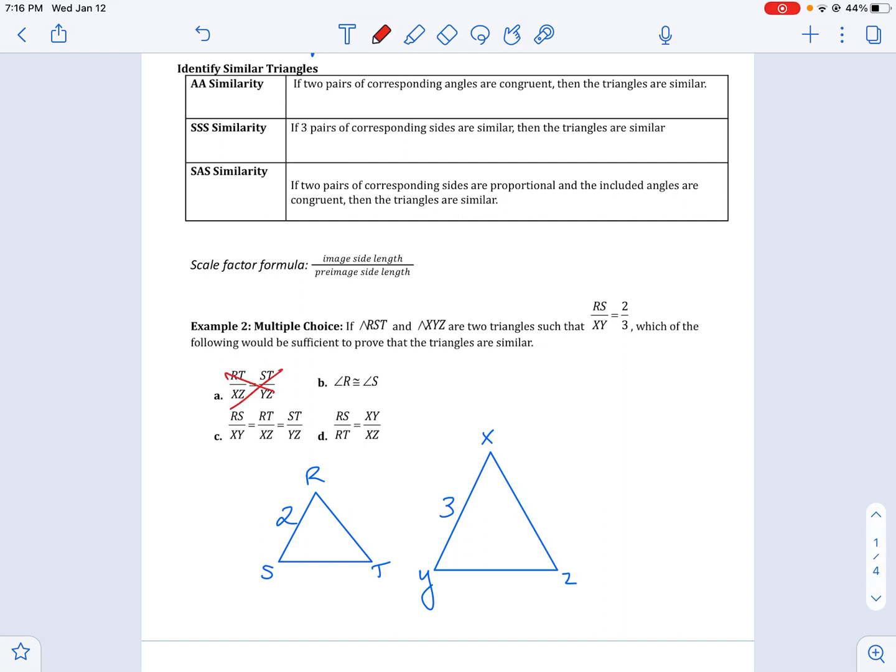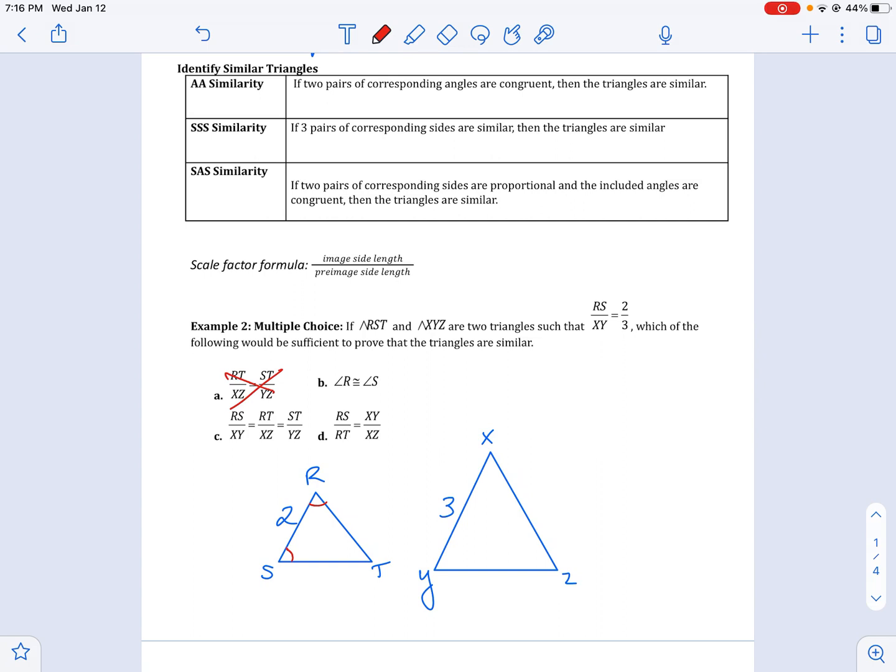So that one's out. If I knew that angle R and angle S were congruent, would that give me angle-angle similarity, side-side-side similarity, or side-angle-side similarity? And it doesn't look like it does here.